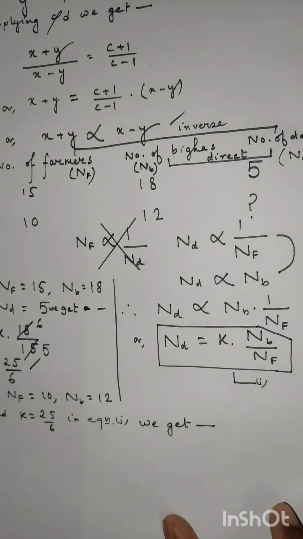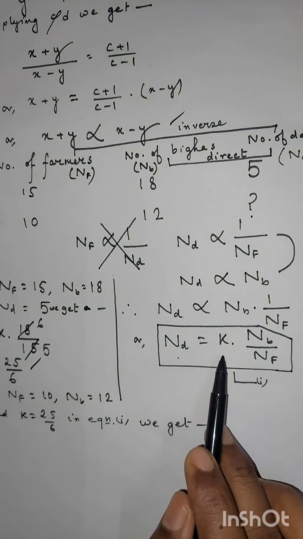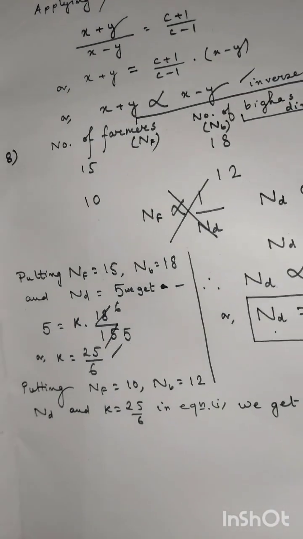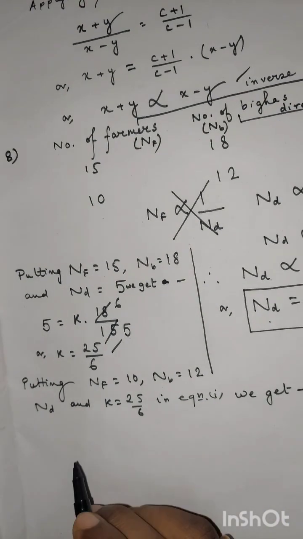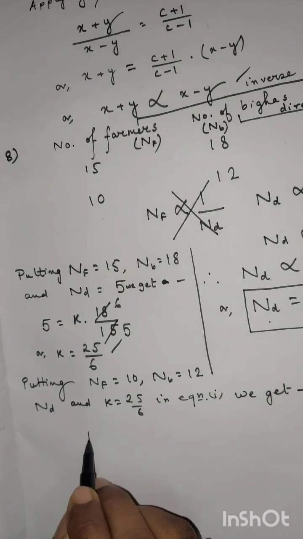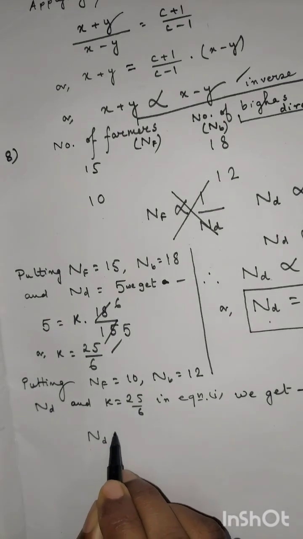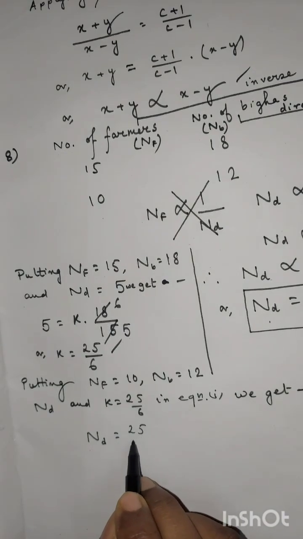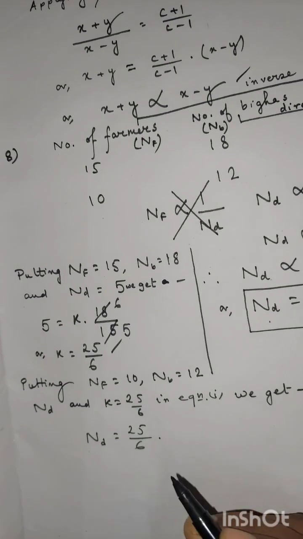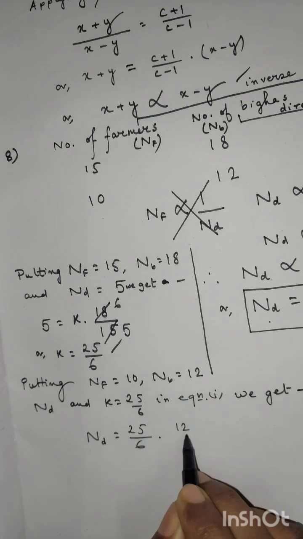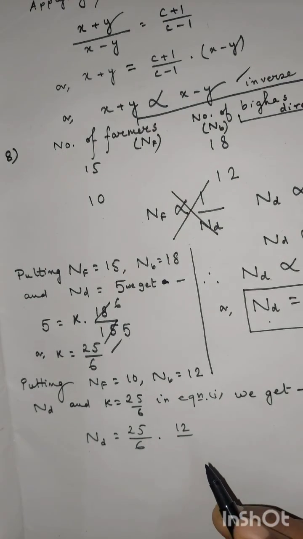So the equation 1 was ND equal to K into NB by NF. Putting these values in equation 1, we get ND we do not know, K equal to 25 by 6, NB equal to 12, and NF equal to 10.